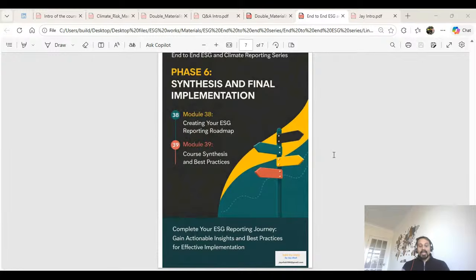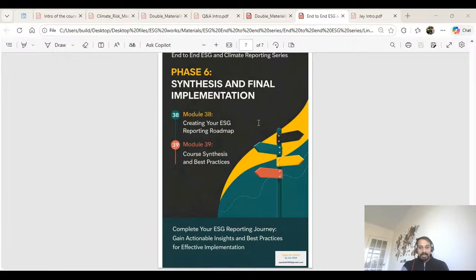We bring everything together, building your ESG and climate reporting roadmap, best practices, case studies, and end-to-end implementation strategy. The idea is very simple. We move from frameworks, calculations, disclosures, sector use cases, and implementation, and then we create a roadmap so that you can do practical work for your corporate or government jobs.